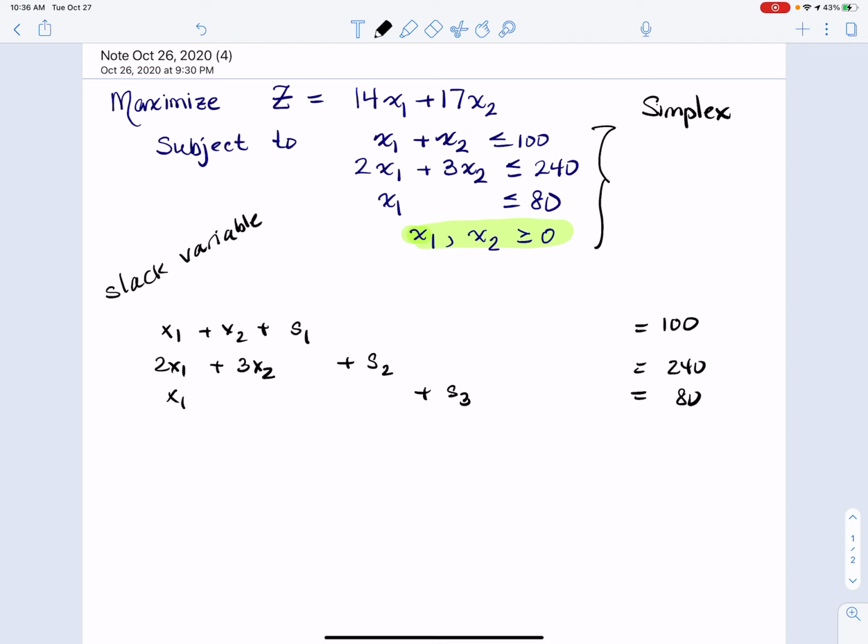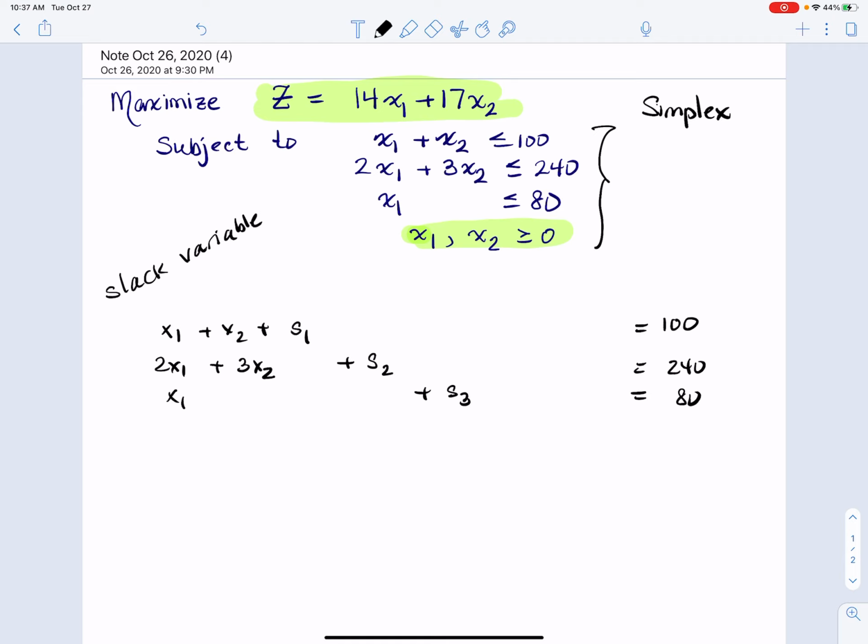Now, the other thing is that these equations all have to work together. And z is also a variable because depending on what values of x1 and x2 we use, z is going to change. So I need to write an equation for z. Now, in order to keep z positive, I am going to take this equation right here, and I'm going to bring x1 and x2 to the other side.